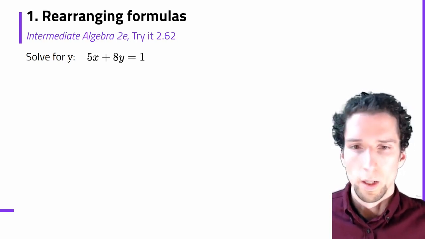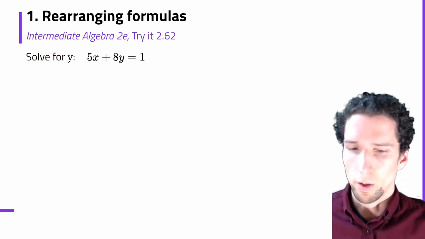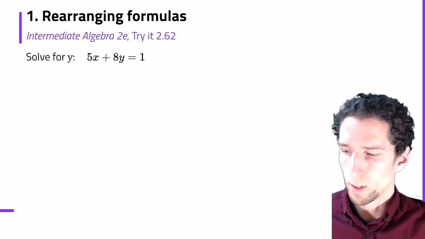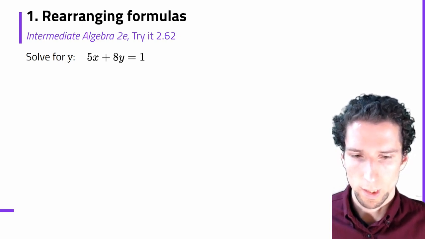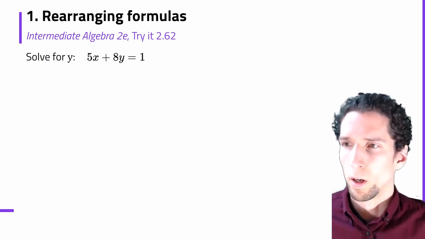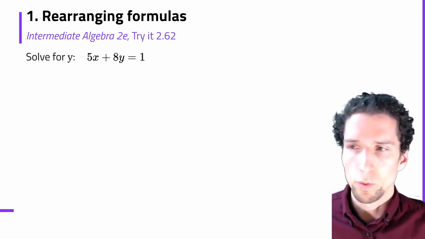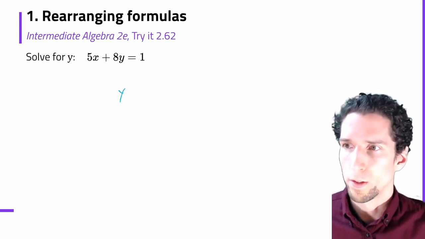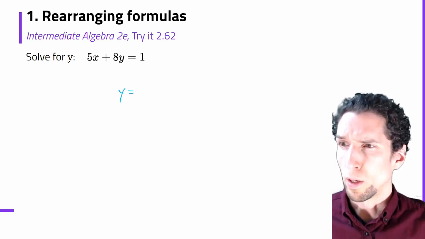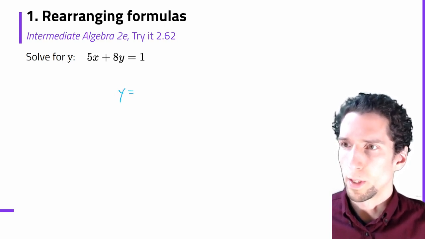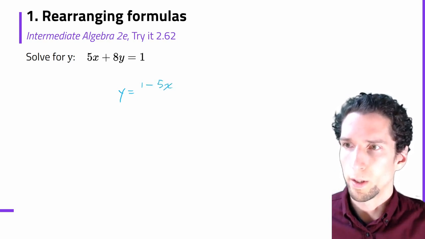All right, our solution here is, let's write this out. So kind of in two versions of this answer. First, y equals (1 minus 5x) over 8.